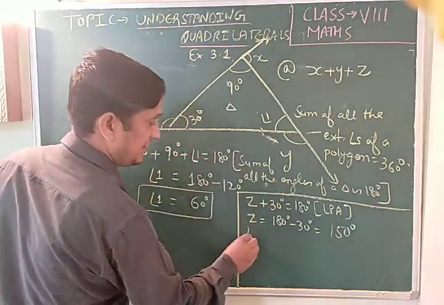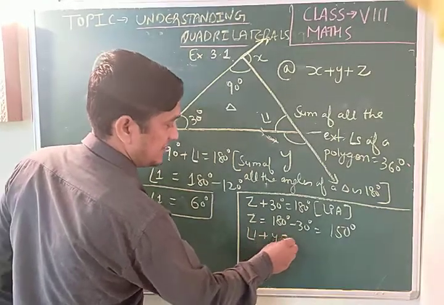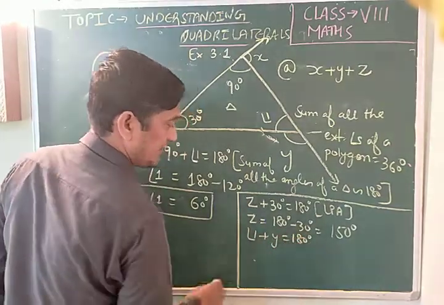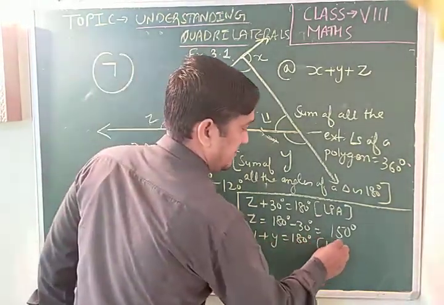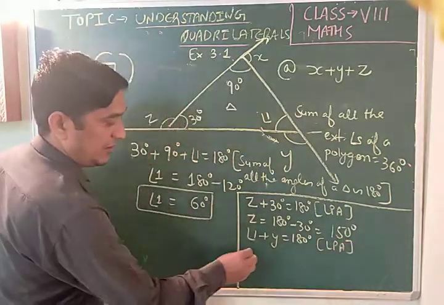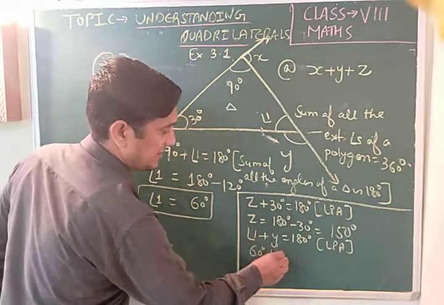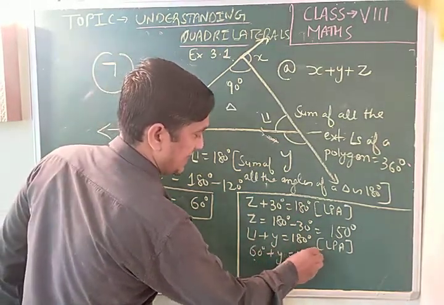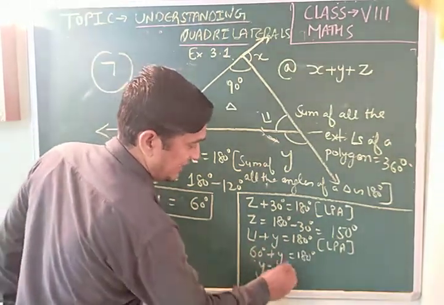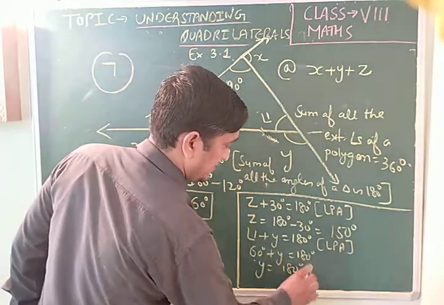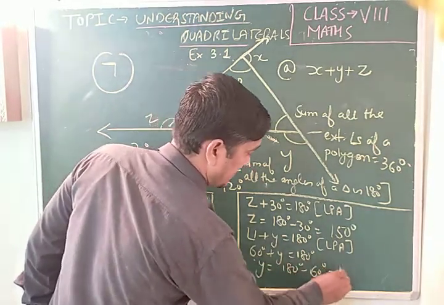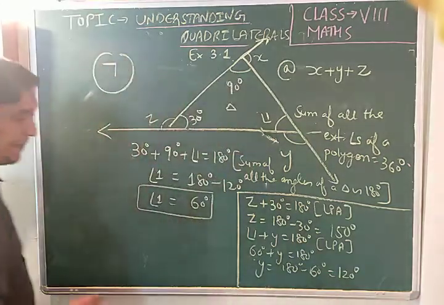Similarly, angle 1 plus angle y is also 180 degree. Linear pair axiom. Now angle 1 is 60 degree plus y equals 180 degree. Angle y is equal to 180 minus 60, it becomes 120.